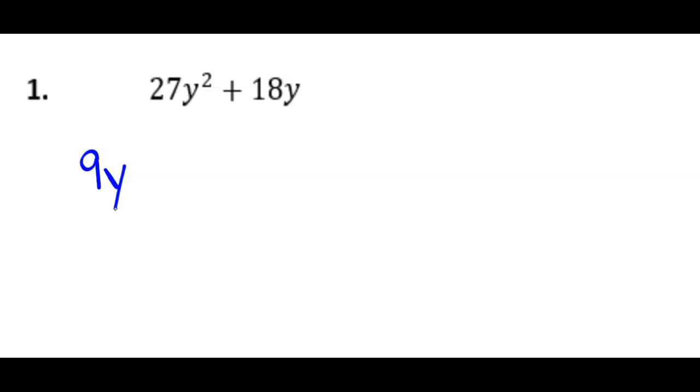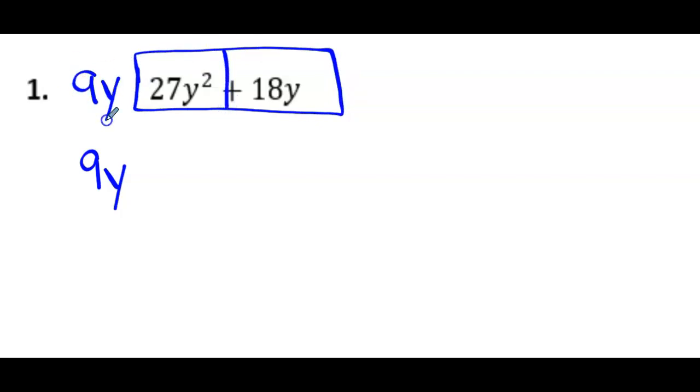So the first method that I'm going to show you is the box method, okay? And so I'm going to put a box around this. I've got my box. Out here, I'm going to put my 9y. And remember, when we did our multiplication, we multiplied this number times this number to get this number.